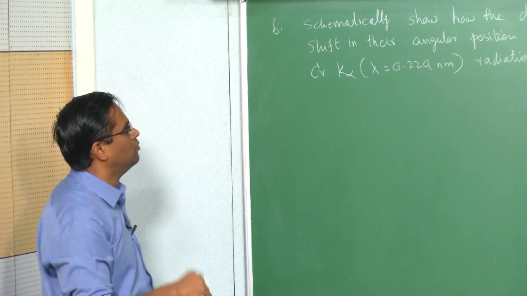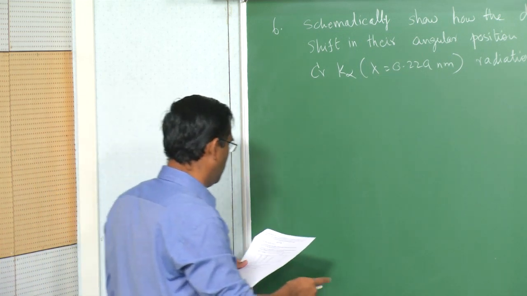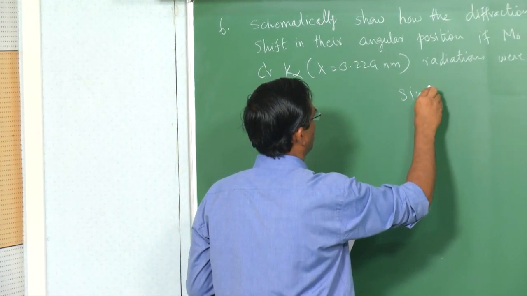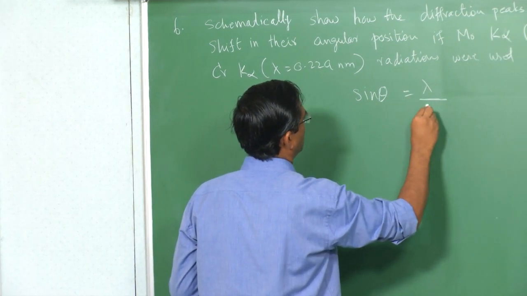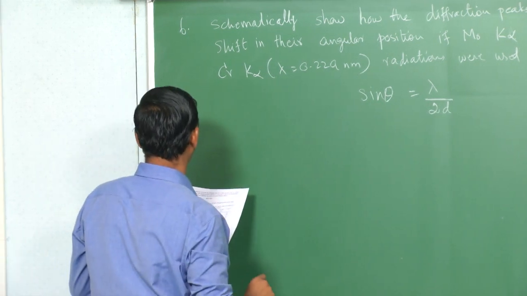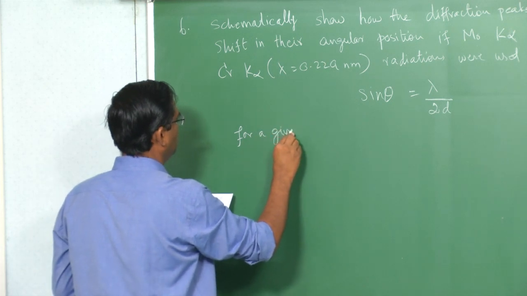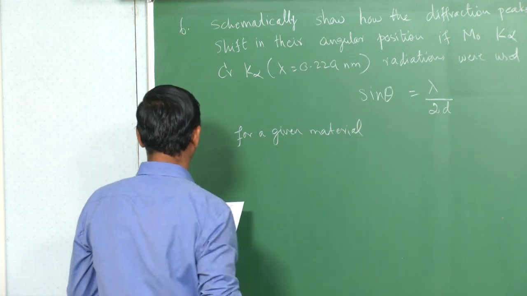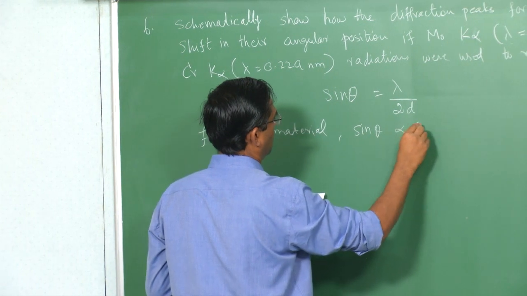You try to plot it, but I will give you a clue. You know the relation sin theta is equal to lambda by 2d. So, for a given material, sin theta is proportional to lambda.